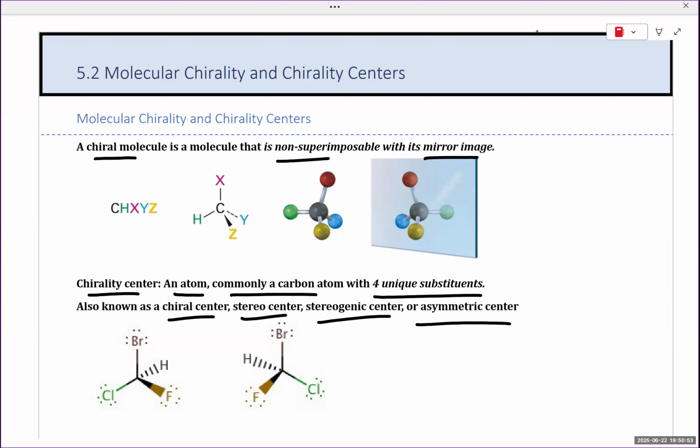For example, this carbon with 1, 2, 3, 4 unique substituents contains a chiral center. And overall, this molecule represents a chiral molecule by virtue of the fact that it is non-superimposable with its mirror image.